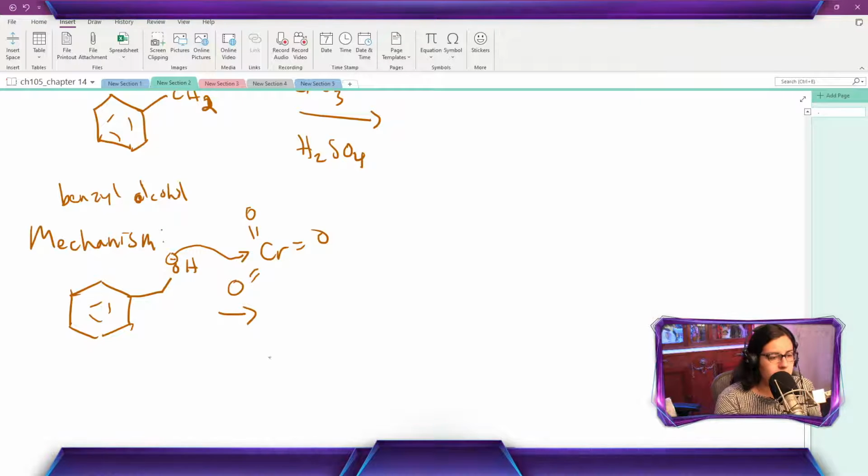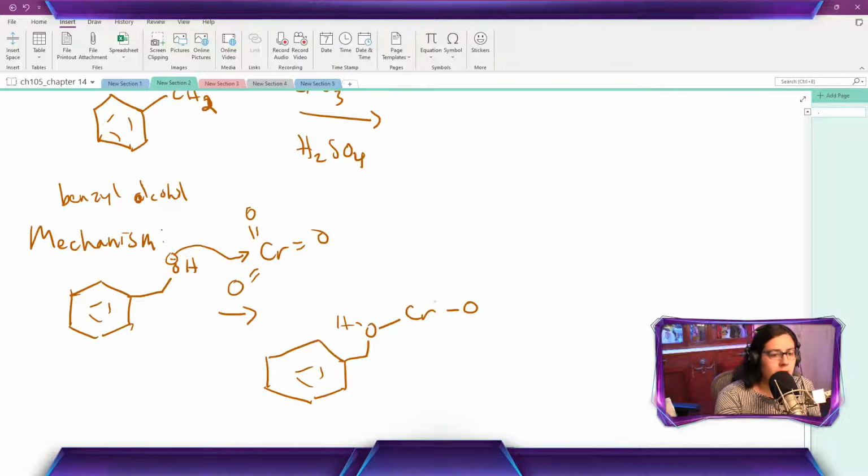So we'll make this chromate species. So we still have our H on there. Now I'm just drawing my new bond to chromium. Negative charge on this.